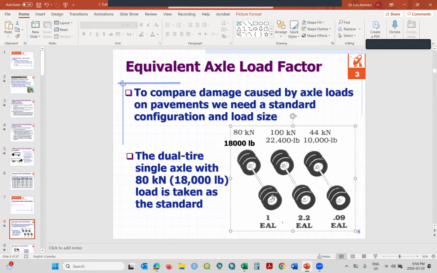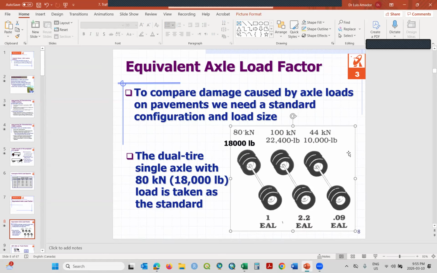The only thing changing here is the weight. In the first case, we have 18,000 pounds or 80 kilonewtons. In the second case, 22,000 pounds or 100 kilonewtons. In the last case, 10,000 pounds or 44 kilonewtons.